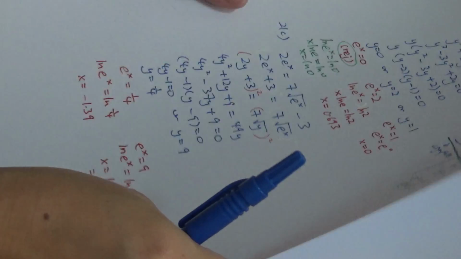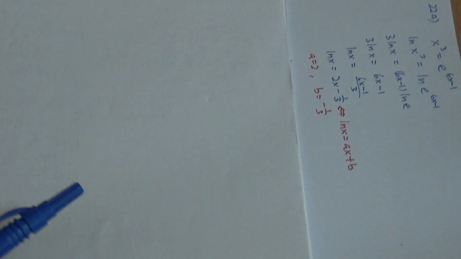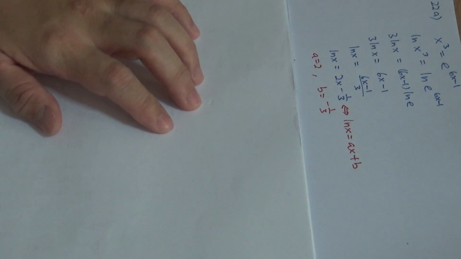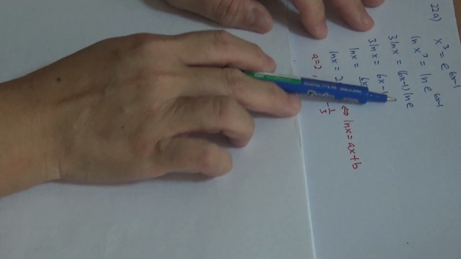Okay, next question is question 22. Now question 22 they ask you to write it in the form ln x equals ax plus b and find the exact value of a and of b. They want the exact value. So let's take ln on both sides. Bring the 3 down.